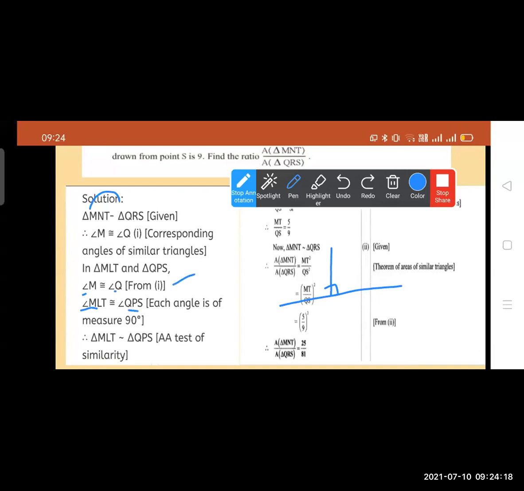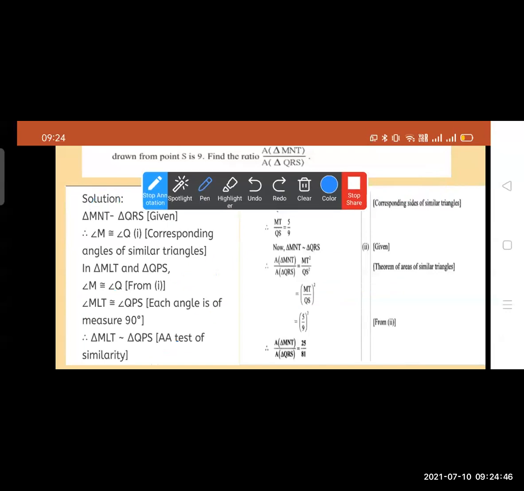First condition, M congruent to Q. Second condition, L congruent to P, that is equal to 90 degree. Then by using these two conditions, we say that triangle MLT similar to QPS by AA test of similarity. Okay. So we say that by AA test of similarity, these two triangles are similar.